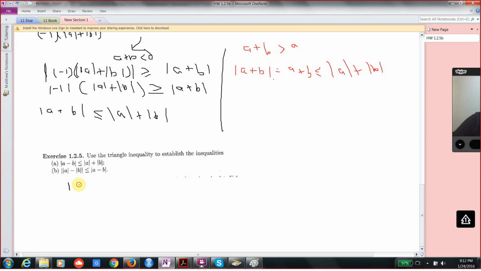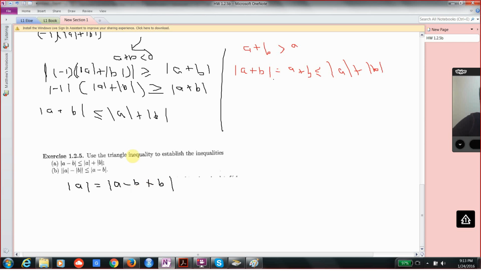I'm going to say the absolute value of A is equal to the absolute value of A minus B plus B. They're the same thing. All I did was kind of tricky: I added and subtracted a B, right?